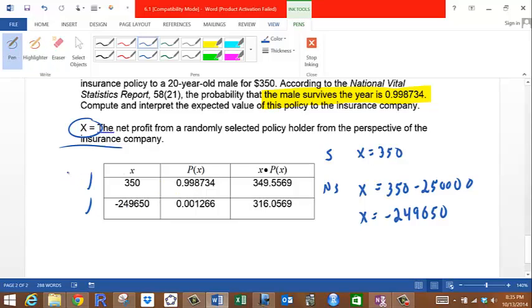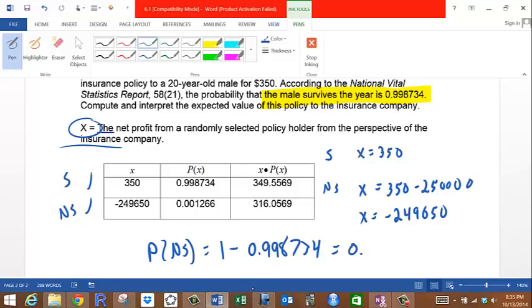Survive and not survive. For not survive, we just take 1, so the probability that he does not survive is just 1 minus the probability that he survives. So we get this number here, 0.001266.